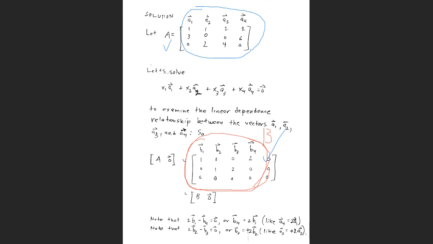Good, Hung, matrix B. Now, it wasn't hard. Matrix A, it wasn't hard. But the point is that matrix B is absolutely the easiest. And this would work if you had a huge matrix with a lot of column vectors, and you don't know what the linear dependence relationship is among those column vectors.